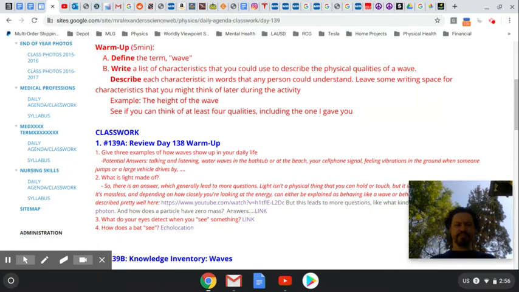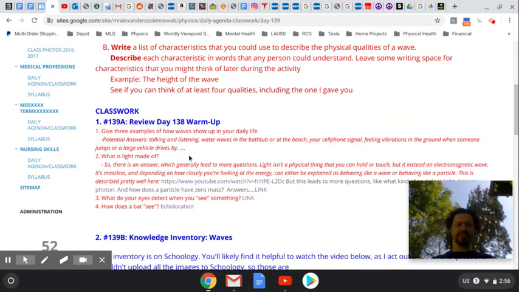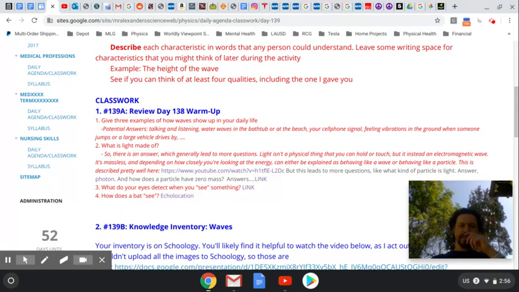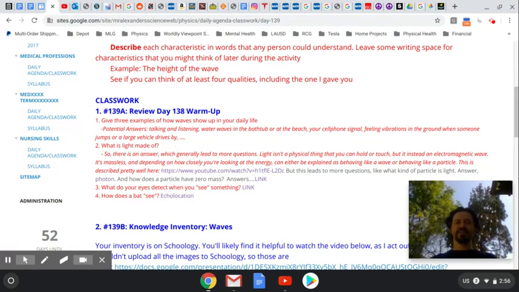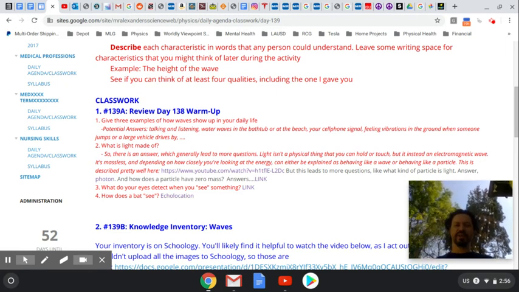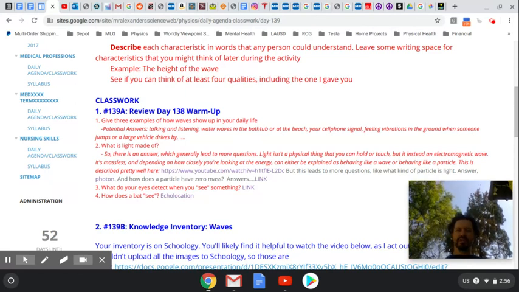Okay, let's go over your warm up from yesterday. Examples for how waves show up in your daily life. Well, anytime you talk or listen, that's waves. Maybe you make a wave in the bathtub or you slosh something around in a cup. Your cell phone signal. If you're watching this on Wi-Fi, the Wi-Fi, it's a wave.